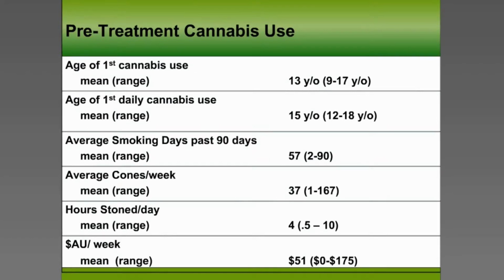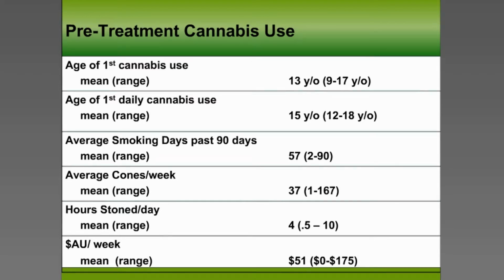So pre-treatment, and I think it's pretty young, the mean age of first cannabis use was 13 years of age. And as you can see, one of them was 9 years old. And then within a very short period of time, some of them, within 2 years, became daily users of cannabis by 15. And then, again, looking further down, over the last 90 days, they only smoked almost 60 days.